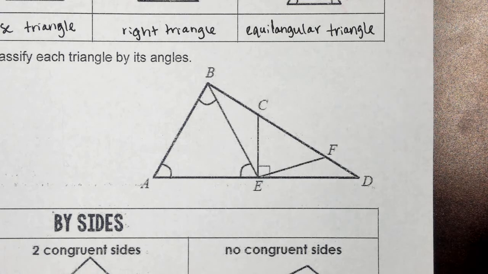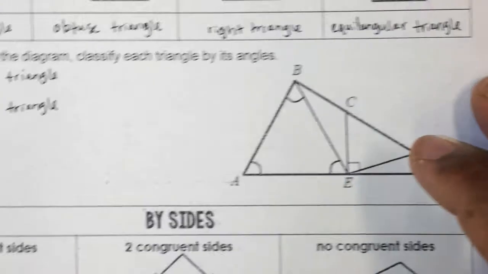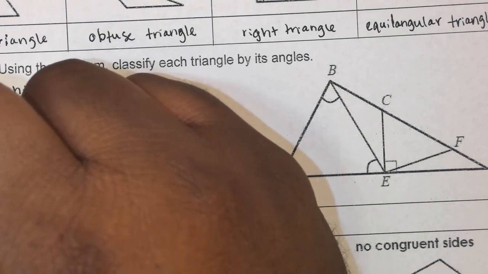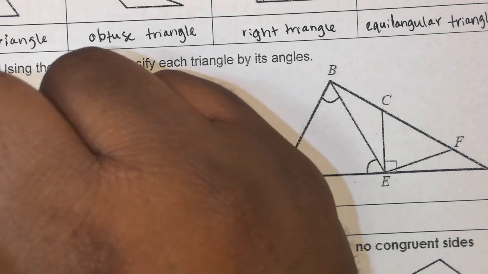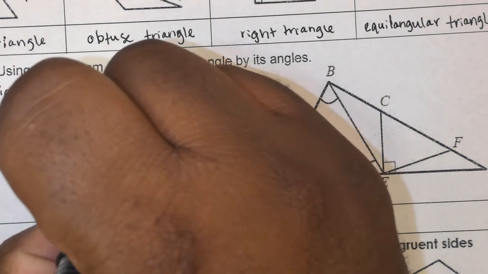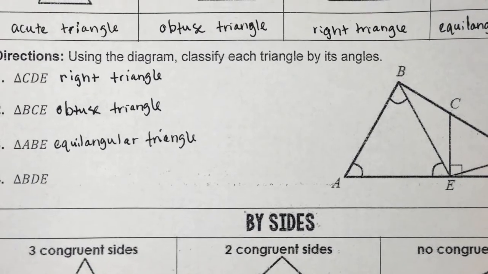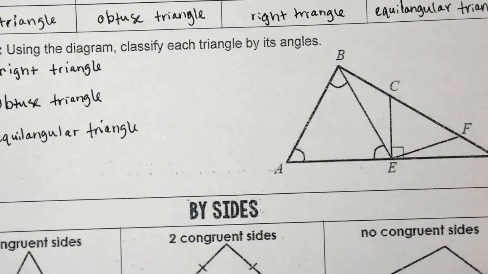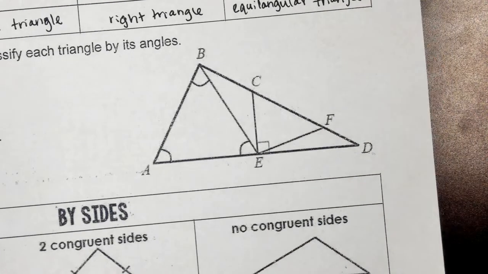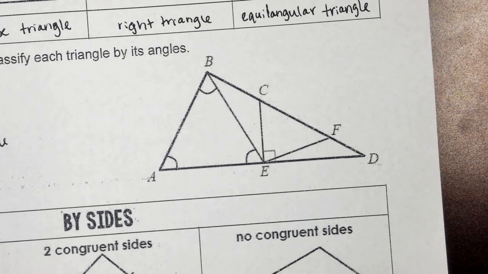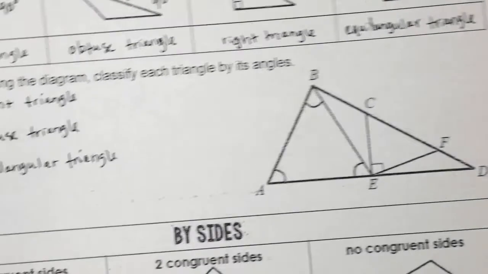Yeah, that's not the way we name it though. What's the name I gave you? Equilateral. Triangle BDE. Excuse me. Billy, finish this off. Yes, obtuse.